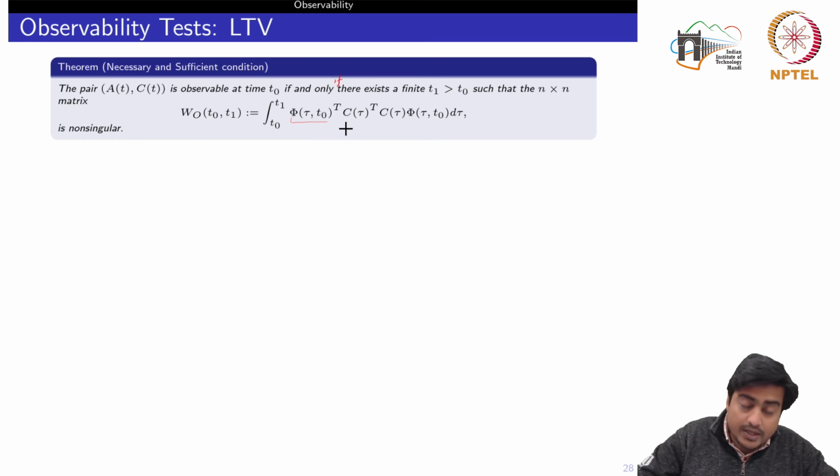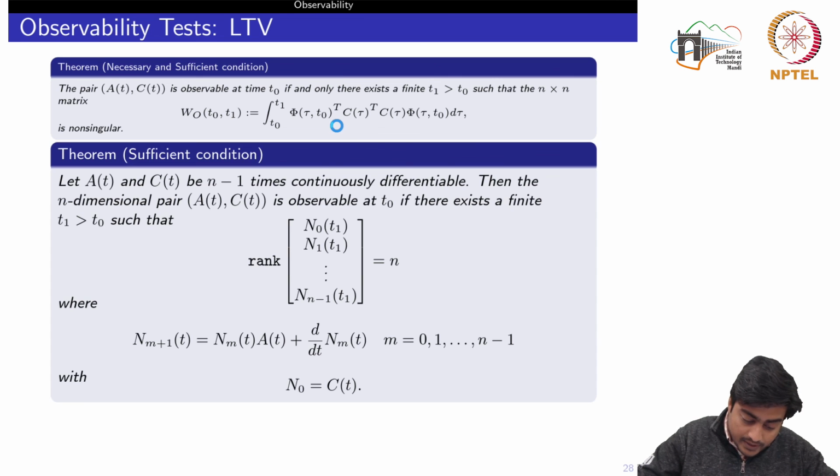If you recall, for analyzing the controllability of the LTV system, we took a different approach and defined only a sufficient condition. Similarly, we can define it in a similar way for observability. Let A and C be n minus 1 times continuously differentiable. Then the n-dimensional pair A, C is observable at T0 if there exists a finite T1 such that the rank of this matrix is equal to n.